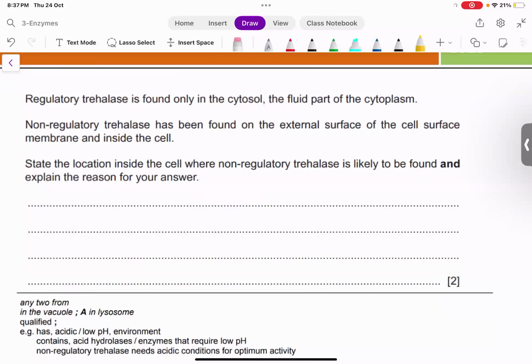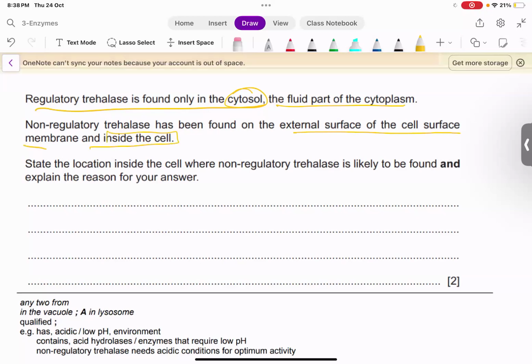Regulatory trehalase is found only in the cytosol. Cytosol means the fluid part of the cytoplasm of the cell, and non-regulatory trehalase has been found on the external surfaces of the cell, the surface membranes, and inside the cell. State the location inside the cell where non-regulatory trehalase is likely to be found and explain the reason for your answer.